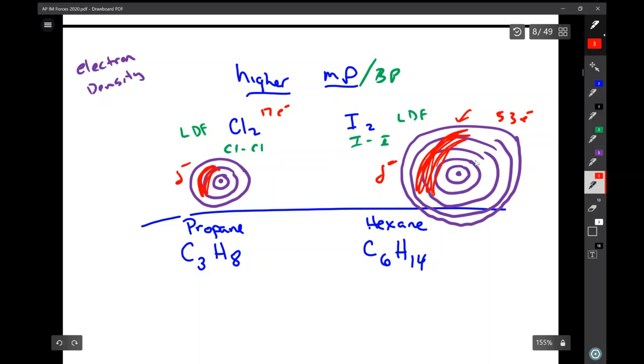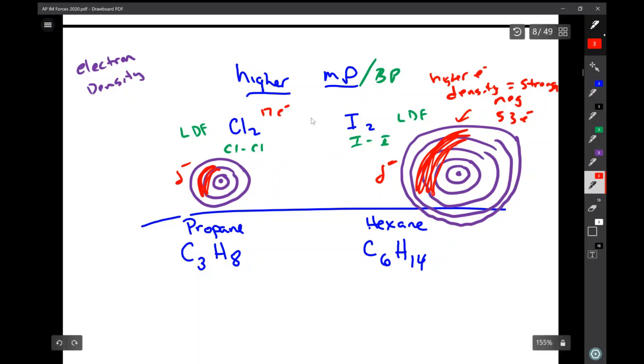So the higher electron density equals a stronger negative charge, and on the opposite end you get a stronger positive charge, so that makes it a stronger attraction.